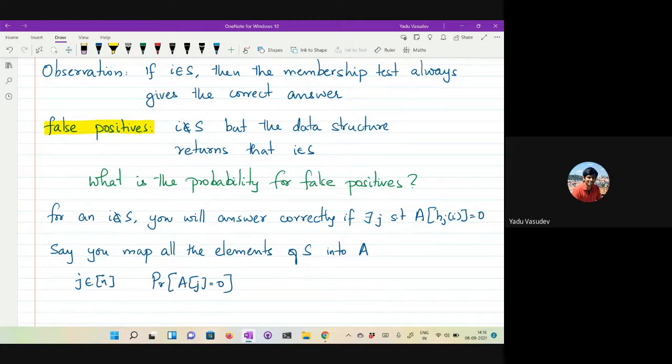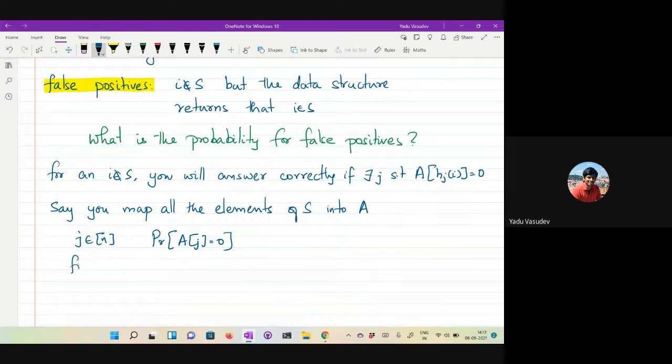Fix an element, so if you want to say fix an i in S, the probability that h1 of i is equal to j is 1 over n, correct? Similarly, the probability of h2 of i is equal to j is also 1 over n.